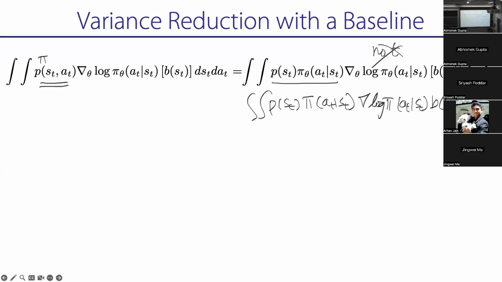So you can write this as P of S times pi A given S times grad log pi A given S times B of S, integral ds dA. Essentially what we want to do is show that this thing is 0. One thing I try to do with proofs is work a little backwards. How do I get this thing to be 0? This is a gradient of something.